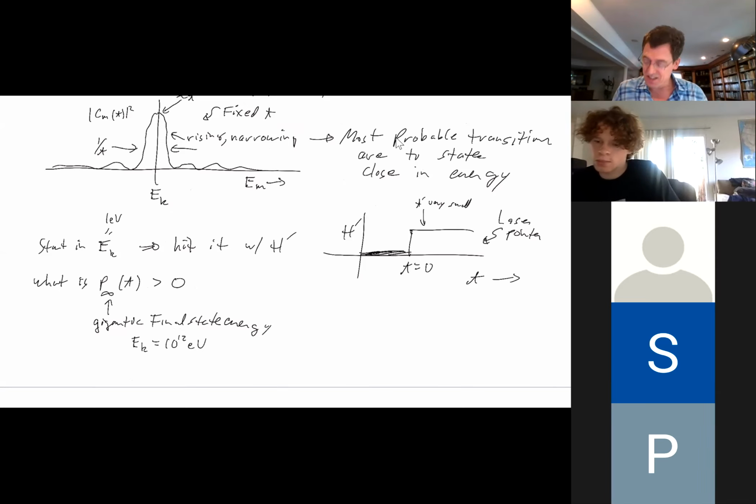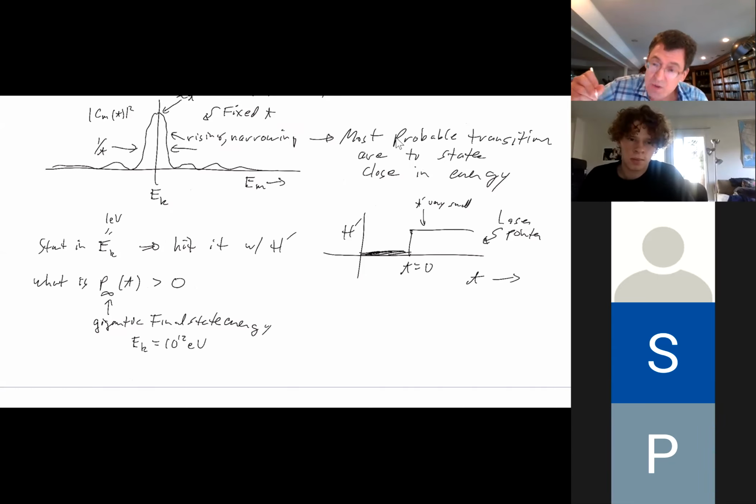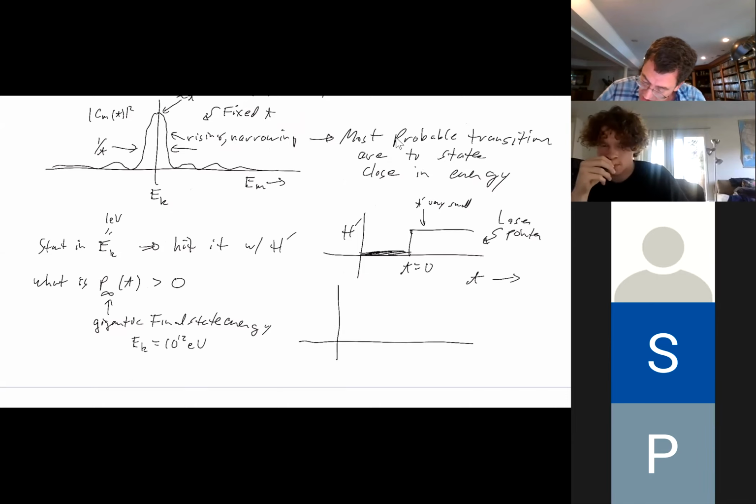Okay, I'll tell you the answer. Let me just tell you the answer to this weird paradox. This is the trick. It's a really cute little trick. See, the thing is, at very short time, my perturbation is equivalent to this.